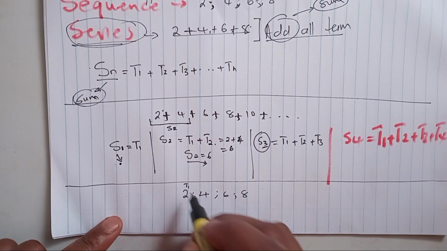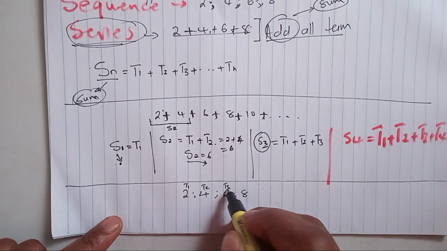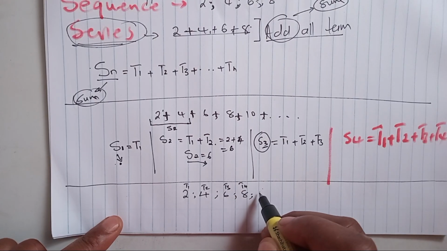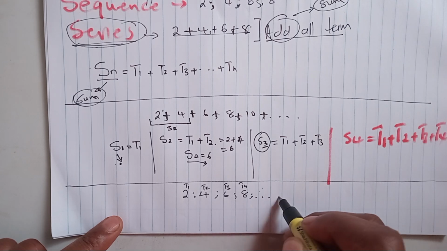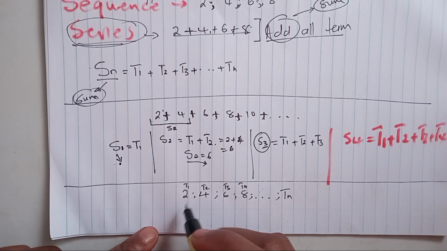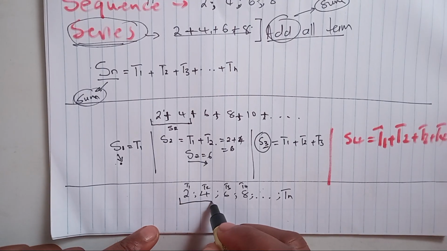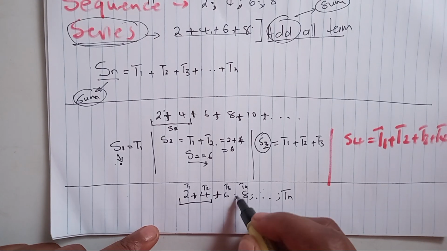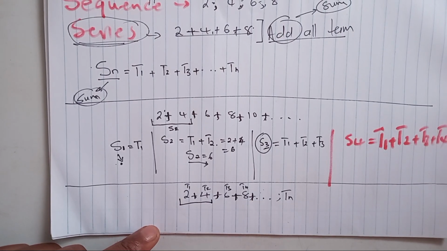Let me say this is T1, this is T2, this is T3, this is T4, and it's going to continue like that up until we reach Tn. Note, it's plus here, sorry. I'm used to sequences, so it's plus here.